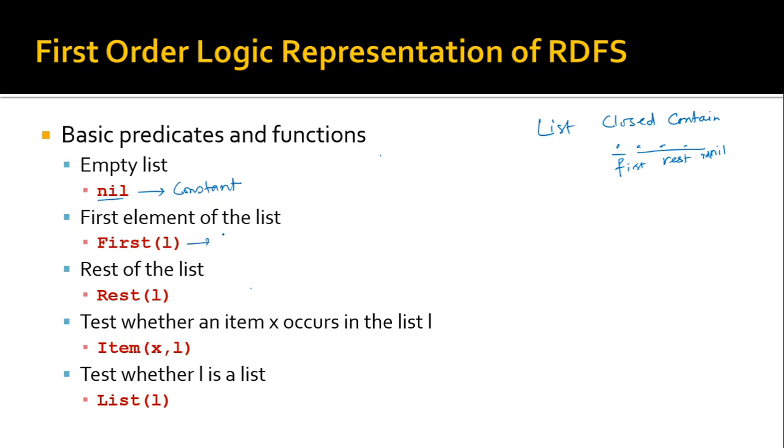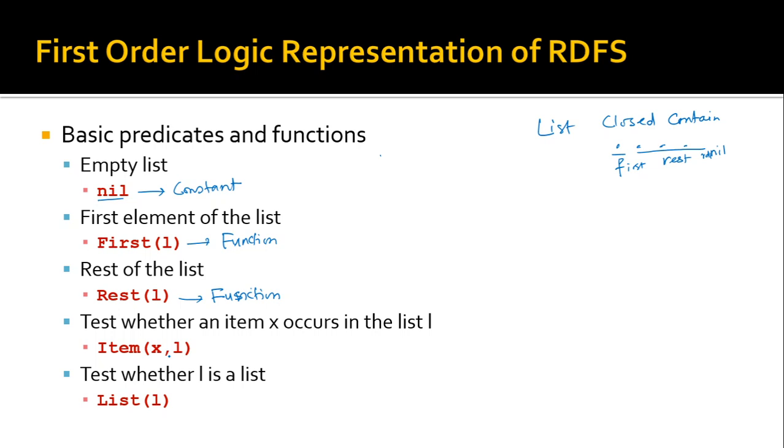How do you say that there is a first element in L? We use a first order logic function to say that something is equal to the first element of the list. Similarly, we can say that there is something equal to the rest of the list, and it is also modeled as a function. How do you say that an item occurs in the list, or is a member of the list?